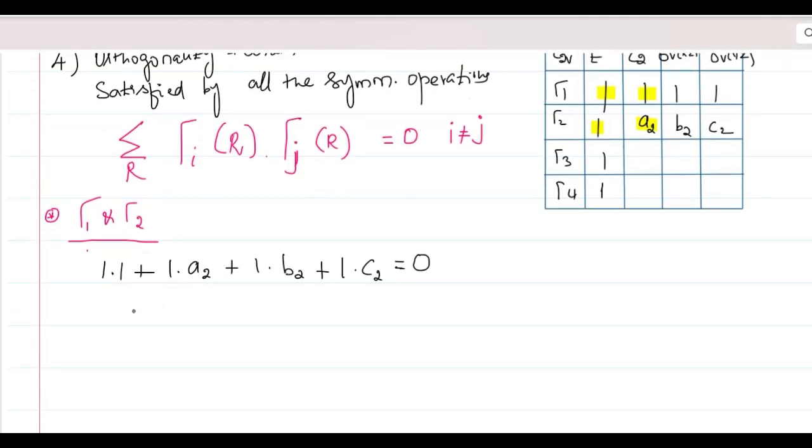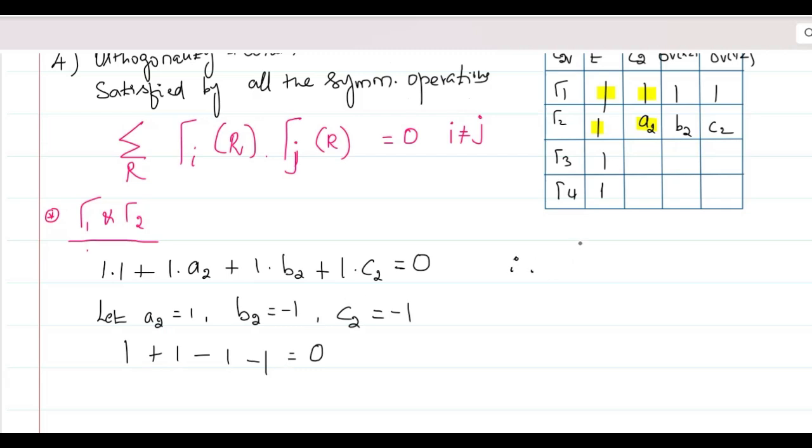Now in this case, how will it become 0? Let us consider A2 to be 1, B2 to be -1 and C2 to be -1. If that is the case, then we get 1 into 1 plus 1 into 1 minus 1 into minus 1... that is, B2 is minus 1, so 1 into minus 1 will be minus 1, and C2 is minus 1, so 1 into minus 1 will be minus 1. So all will cancel, and we get 0.